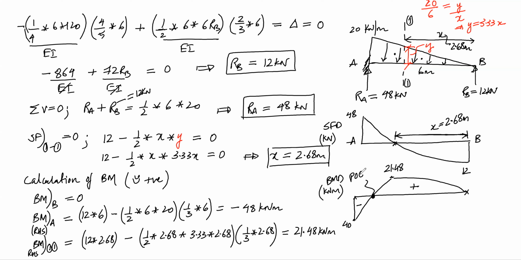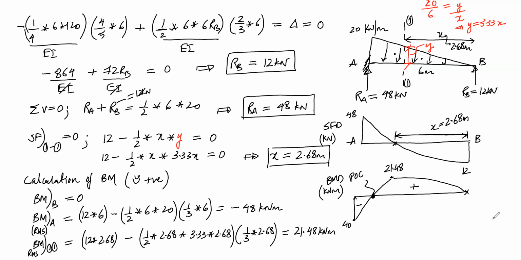So if required, the point of contraflexure can be located by considering the distance as say x1 from point B and writing an equation for moment at this point and equating it to 0. So just like how it has been done in the previous examples, similarly the point of contraflexure here can be calculated.